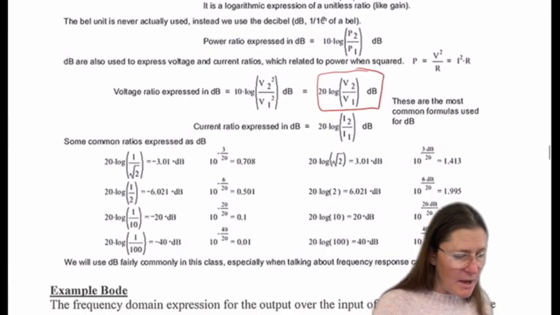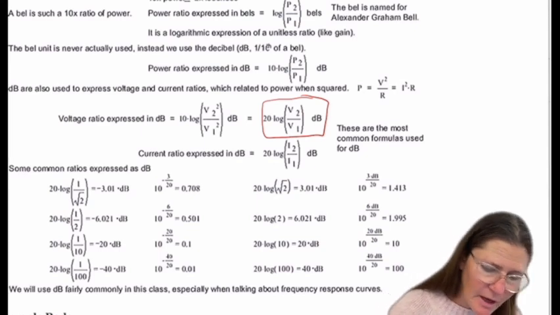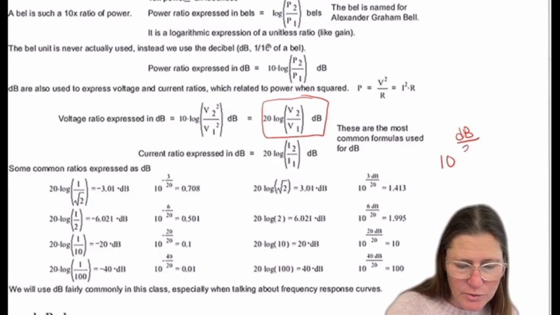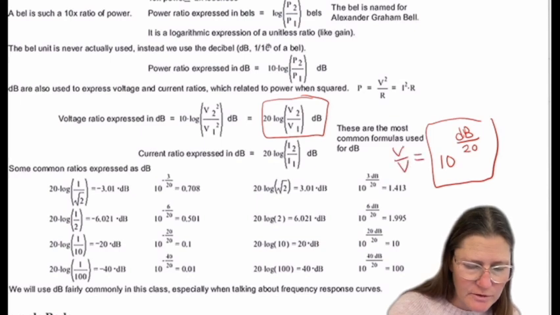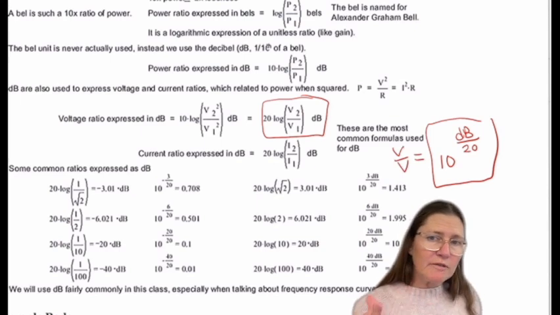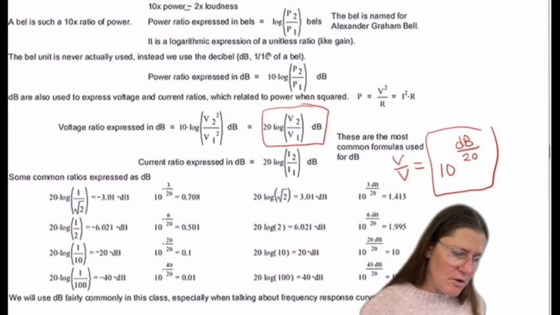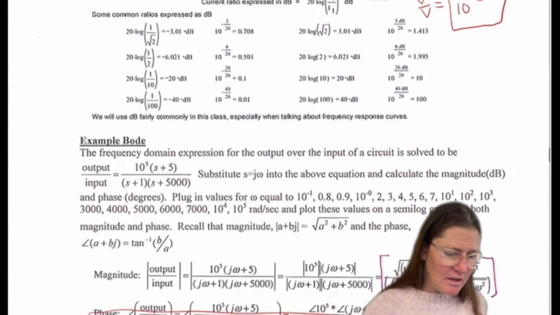If you're going backwards, you take 10 to the dB value over 20, and this converts to volts per volt. So you'll need to be able to convert back and forth between the two. Get very comfortable with that.